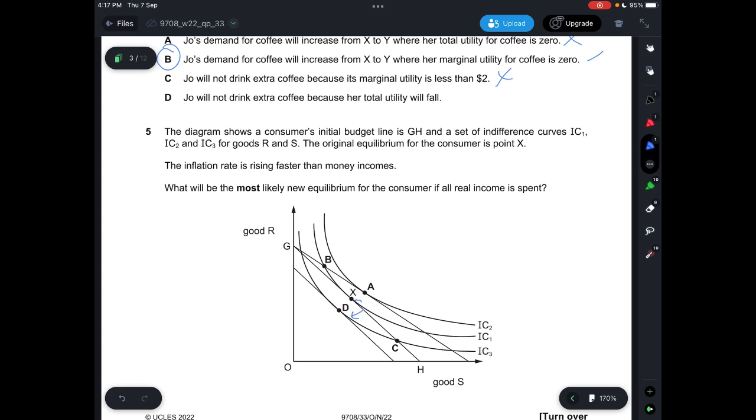And when you shift it downwards, you can see that it touches D. That's the tangent point. This means that now you can buy less of the two goods because there's a higher inflation rate, meaning that you need to spend more and your money income is getting lower. So I say it's D.